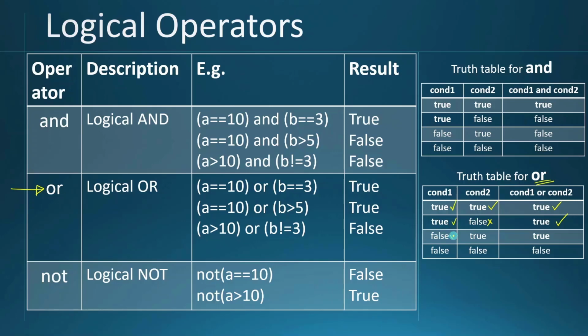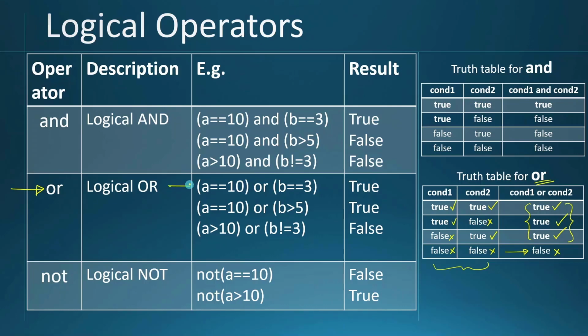If condition 1 is false and condition 2 is true, again OR will give a true. Only when both the conditions are false, OR will give a false. To remember OR, it is very easy. When both conditions are false, OR will give false. Everything else, it will be true. So if any one side is producing a true for OR, the result will be true.